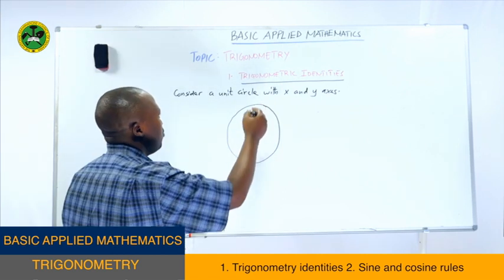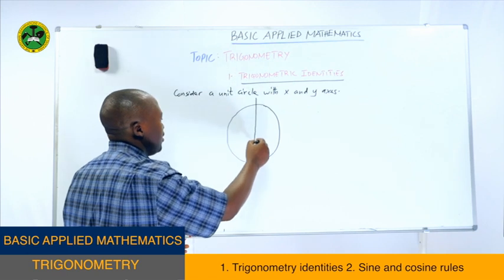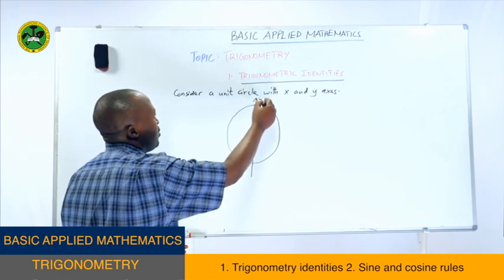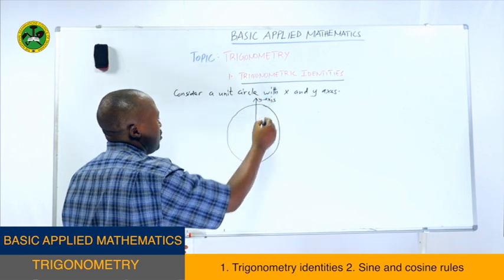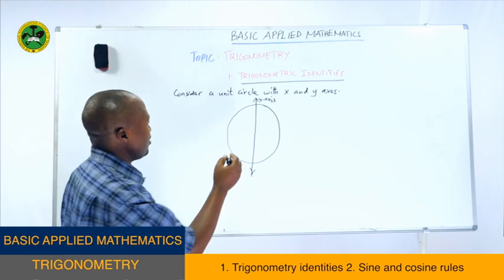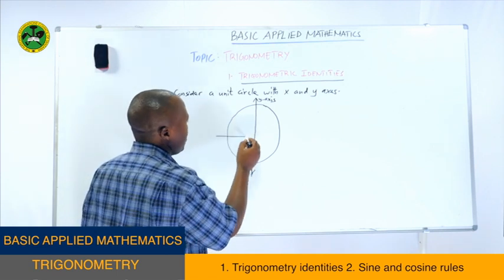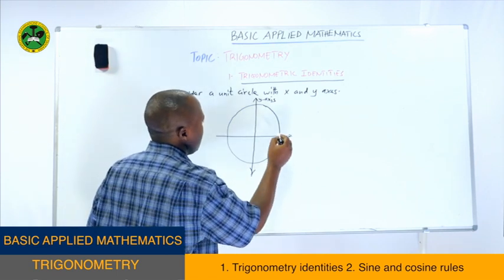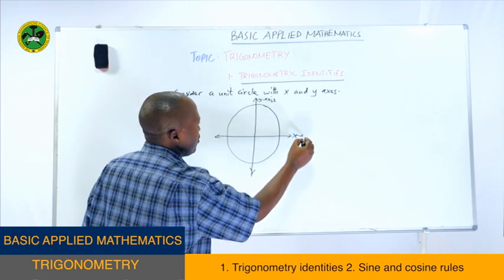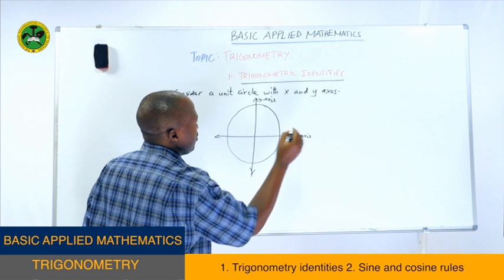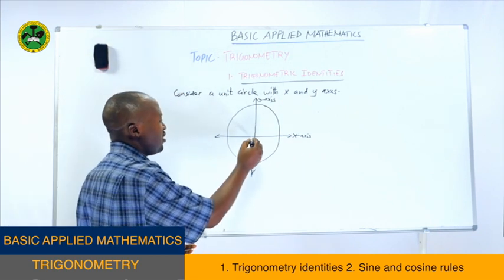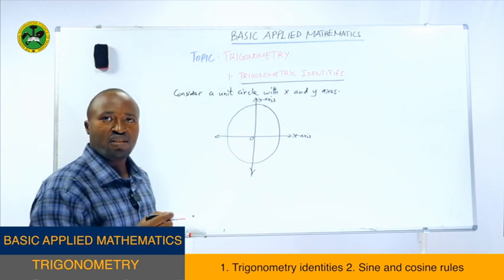Now let us draw the y axis. This is our y axis, followed by the x axis. So here we have the x axis. Now we have the center of the circle, call it A. That is the center of the circle.